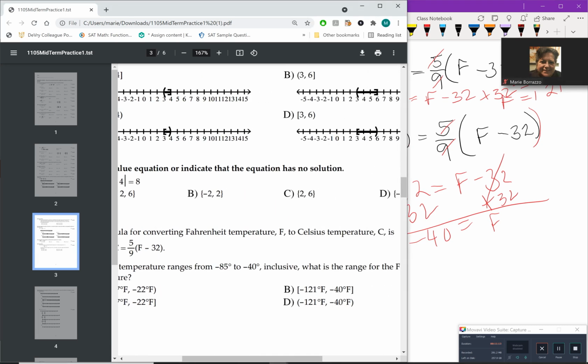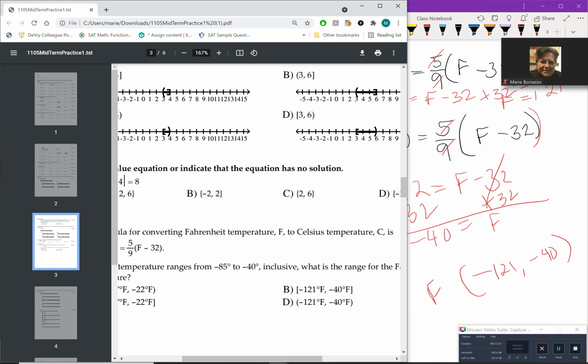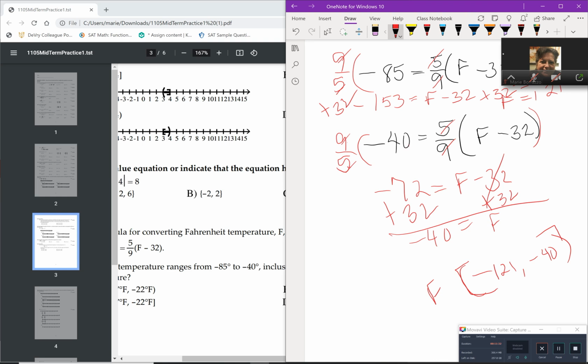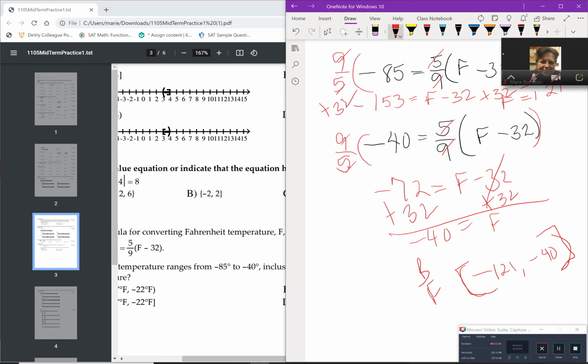According to your answer choices, you should have negative 121 and negative 40 for Fahrenheit, which is answer choice B in this case. Remember, this is inclusive because it's equal to, and that's why we use the bracket, not parentheses. So answer choice B, not D.